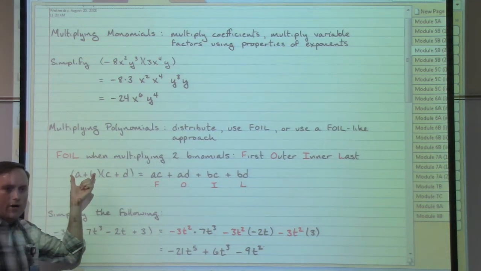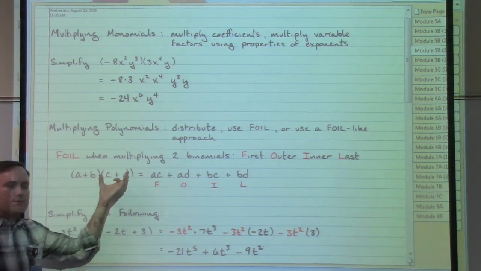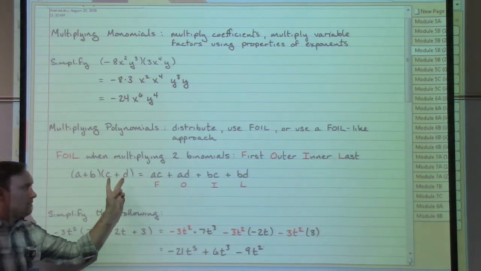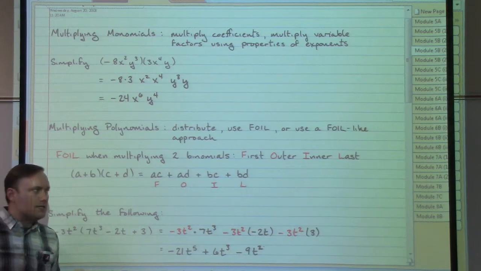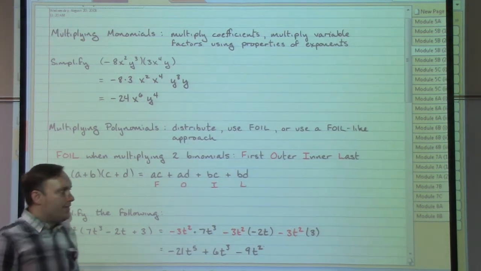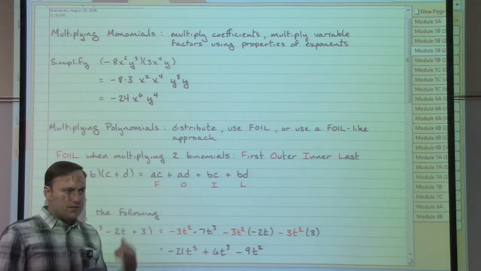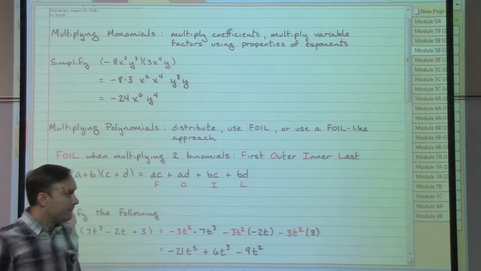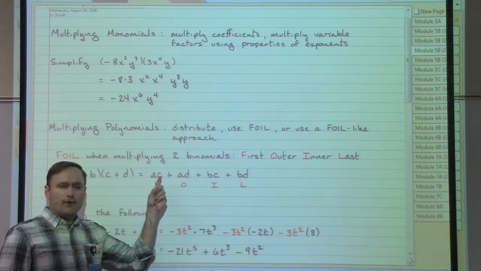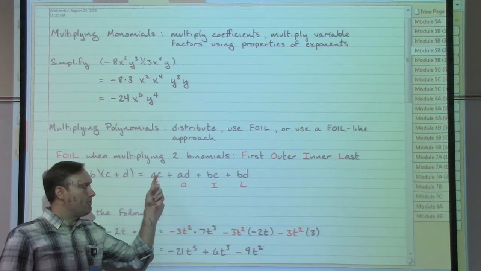If I have a binomial, 2 terms, times another binomial, 2 terms, multiplying those things together, there's a pattern here to how that would work that connects to this acronym of FOIL: first, outer, inner, last. The first term from each set of parentheses, first times first.